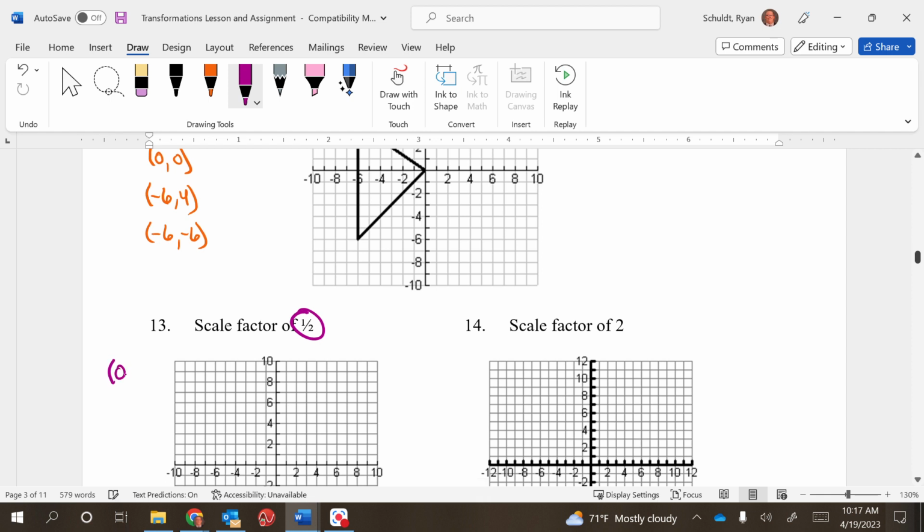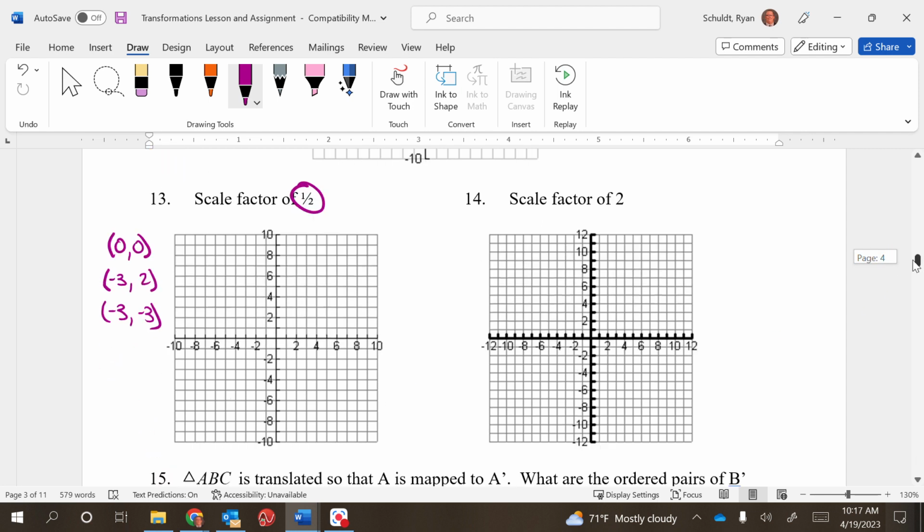So that would be still 0, 0. Half of 6 is 3, so negative 3, 2. And then negative 3, negative 3. So 0, 0. Negative 3, 2. Negative 3, negative 3. Down here. This is our triangle.